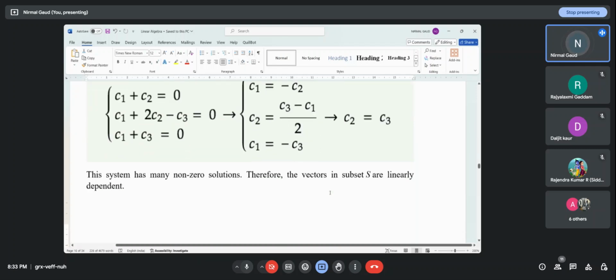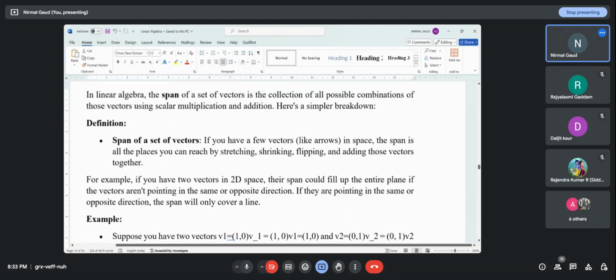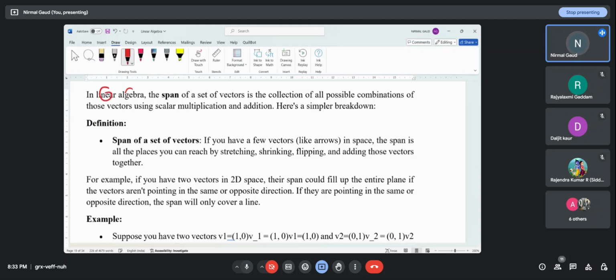So here I have a simple definition for you. In linear algebra, the span of a set of vectors V1, V2, V3 up to Vn is a collection of all possible combinations of those vectors using scalar multiplication and addition.